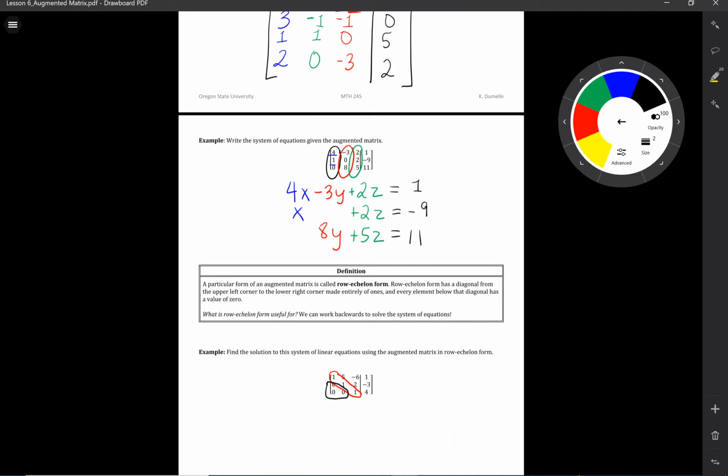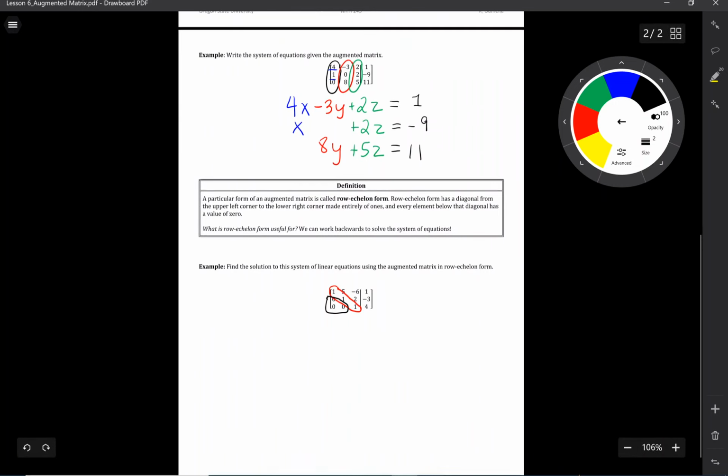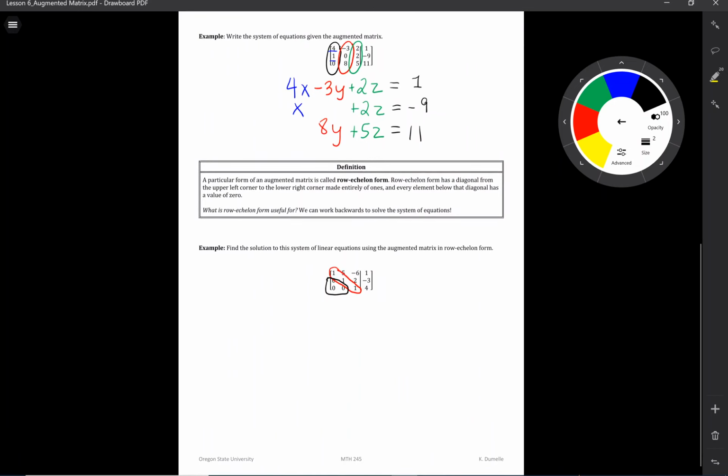So what is this special kind useful for? Well, we can work backwards now to solve the systems of equations. So let's do an example with this row echelon form. Again, we know that it's a row echelon form because I have a diagonal down the middle of ones and zeros below that diagonal of ones. So first, let's write a system of equations. Let's do our x's first. In the first one I have 1x, and in the second two I don't have any x's.